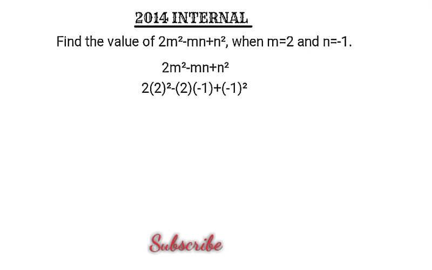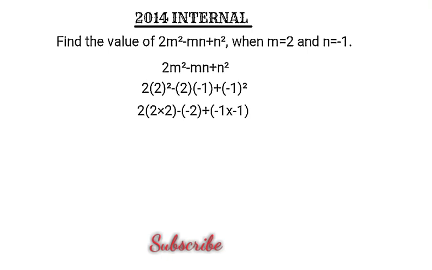So we first write 2 and expand 2 squared as 2 by 2, then minus, then we multiply positive 2 by negative 1, which will be negative 2, plus, then we expand negative 1 raised to the power 2, which is negative 1 multiplied by negative 1.